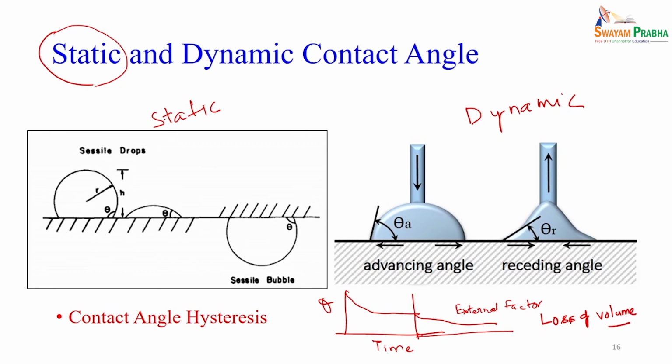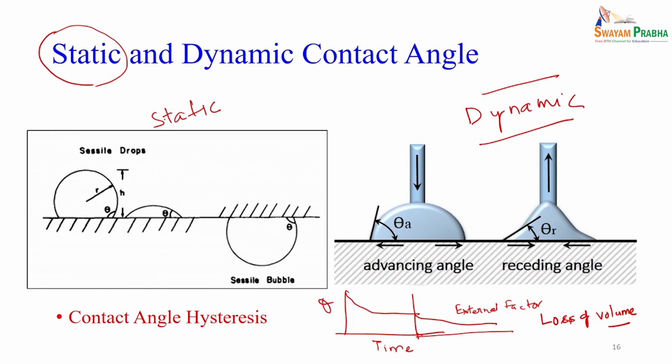So, up to here we call it the static or equilibrium contact angle, but in the case of dynamic contact angle, one example is the advancing and the receding contact angle.